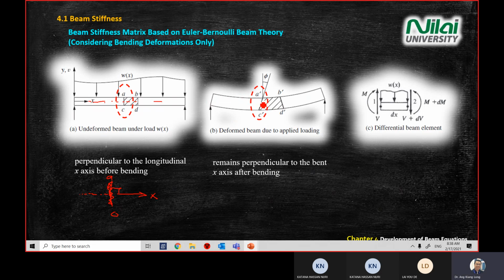What does it mean? If you look at the plane here, the axis is actually bending like that. You have a curve of your x-axis. Your x-axis is no longer a straight line, however it is still a curve. So the cross section is still perpendicular to your longitudinal axis. This is what it means on the slides here.